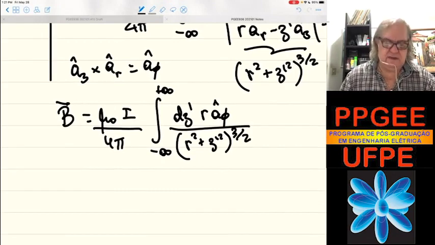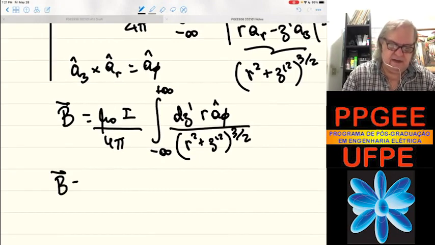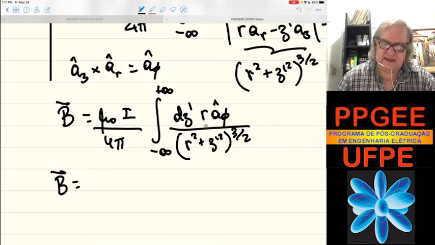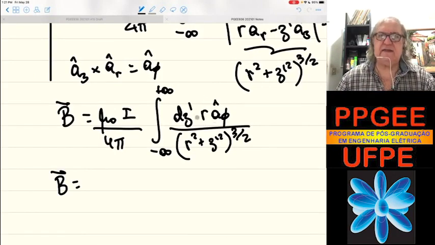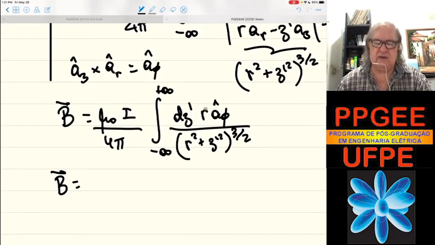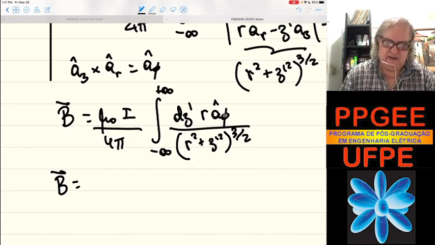And for the B field, we can remove things that are constant. Those two elements are constant. They are located at the position of the observation point. R is fixed. A_phi is a constant vector. I'm not varying the azimuthal coordinate, so it's constant.